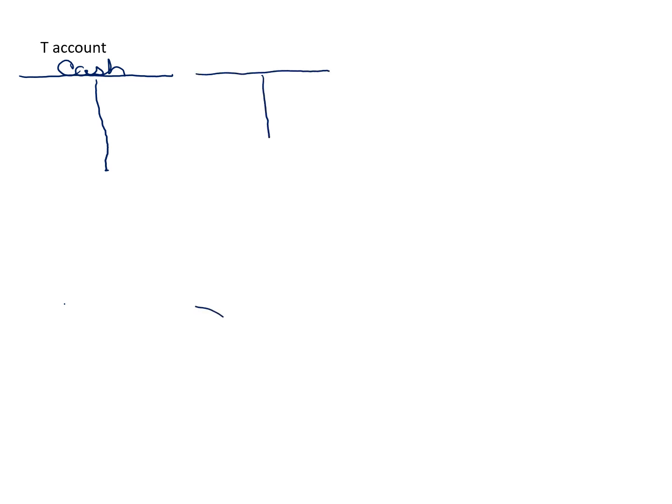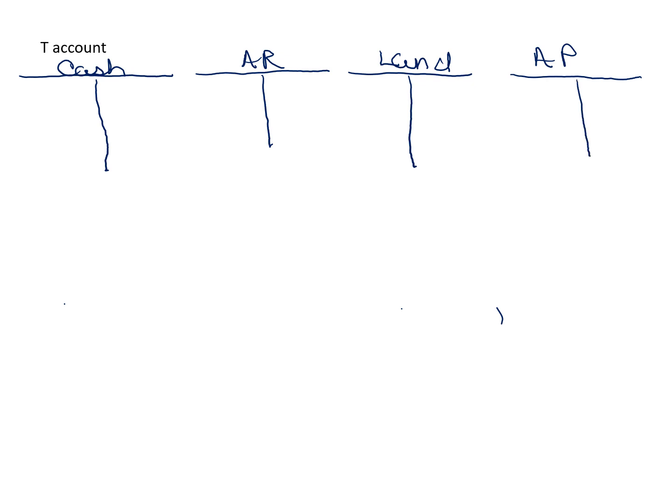We had accounts receivable transactions. We had land transactions. We had accounts payable transactions. And you're saying, how does she know this? Because remember, we made those journal entries, so we know which ones were impacted.